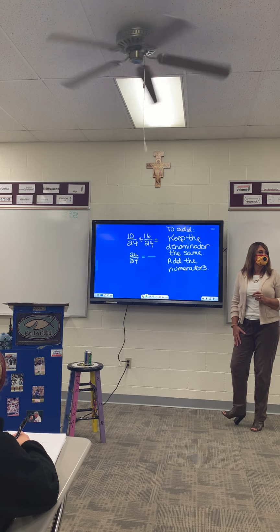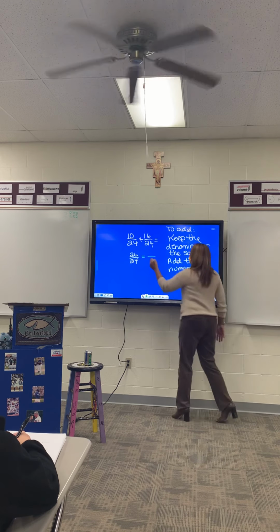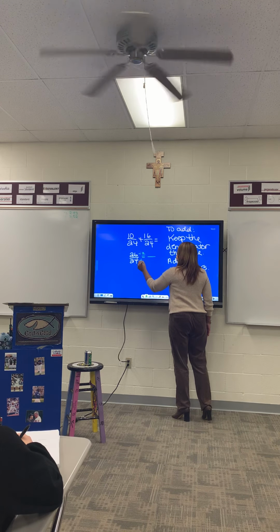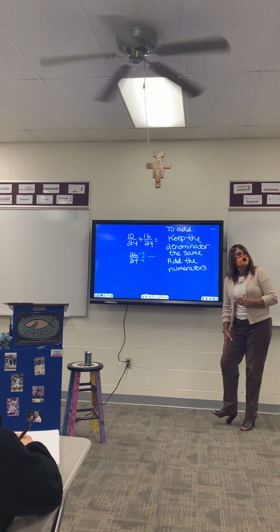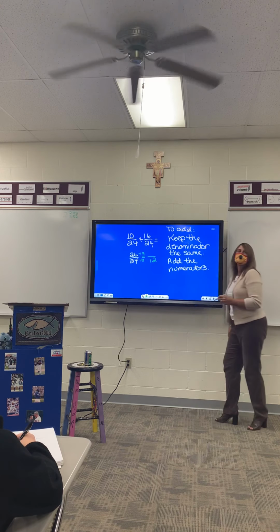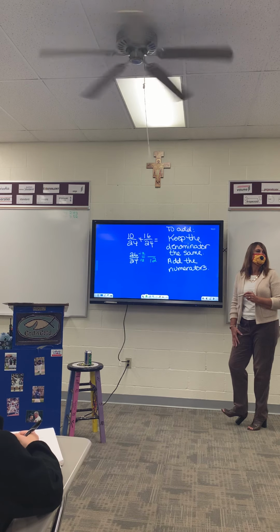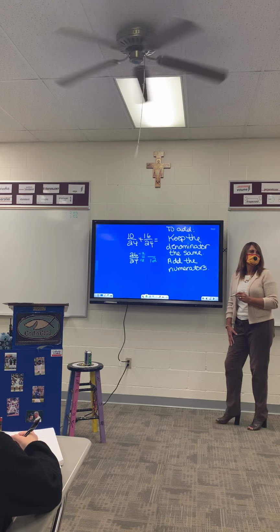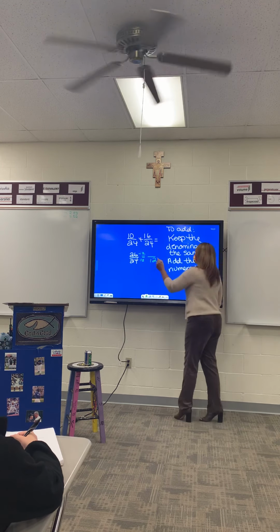How can I divide both of those by 2? So what's it reduced to? 26 divided by 2, 26 cut in half, is 13.